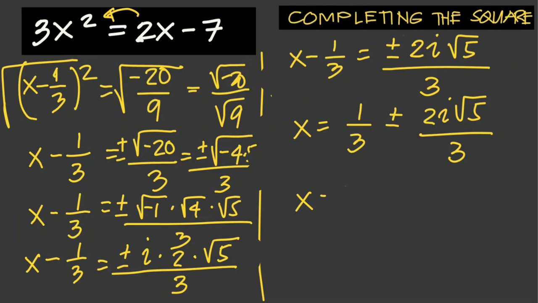So this would just be equal to 1 plus minus 2i square root of 5 over 3. So our x would be x equals 1 plus 2i square root of 5 over 3, or 1 minus 2i square root of 5 over 3. So that's how to solve quadratics by completing the square.